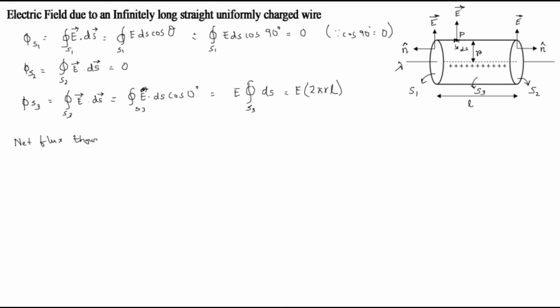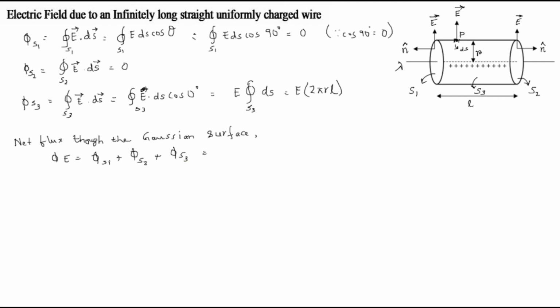So net flux through the Gaussian surface will be phi E, so total flux will be summation of phi due to S1 plus phi due to S2 plus phi due to S3, right?